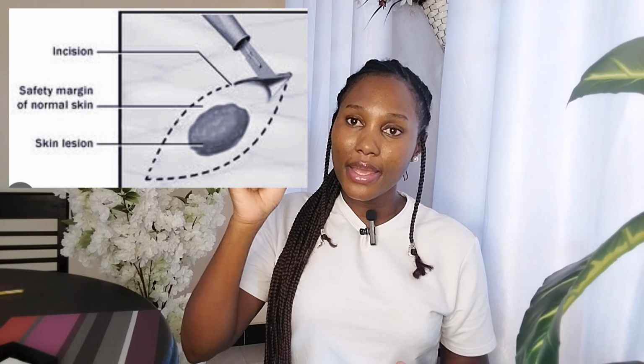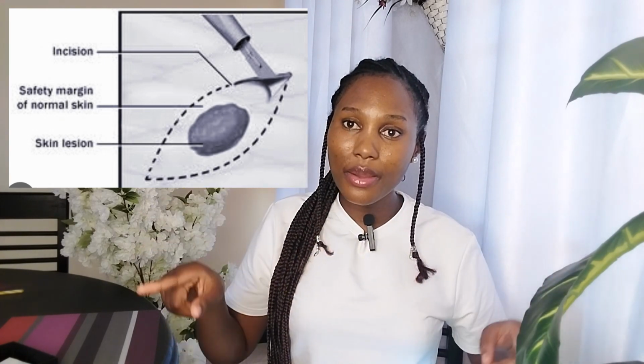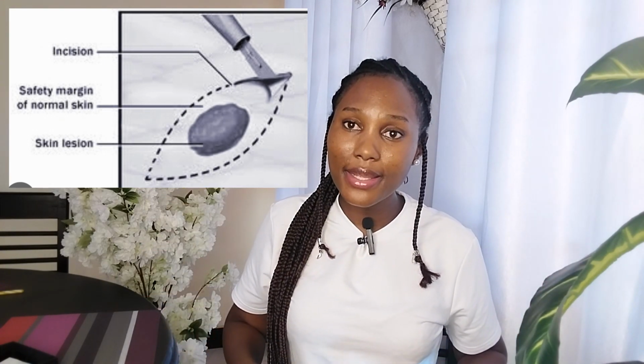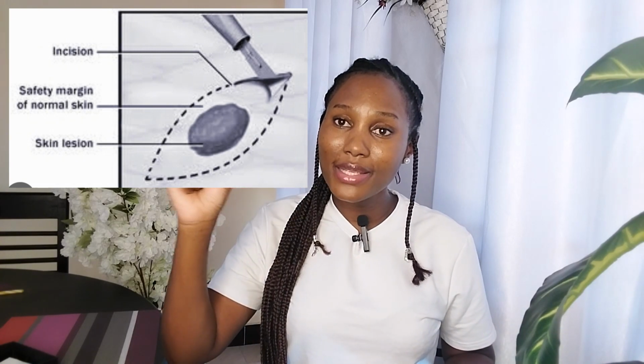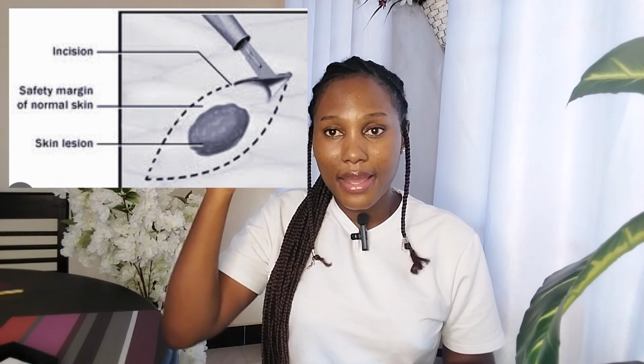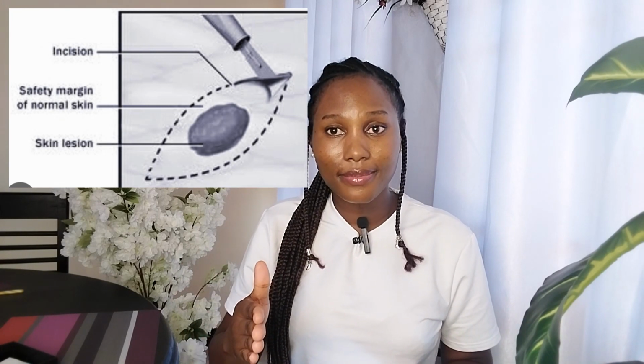Management is just excision. Remember, we don't have any local regional lymph node involvement, so we just do wide excision. And like I've told you in the previous video of the squamous cell carcinoma ulcer, we always have to palpate for the extent of induration. And where the induration ends, we excise the ulcer with the indurated tissue surrounding it, 0.5 to 1 centimeters from the area where the induration ended.